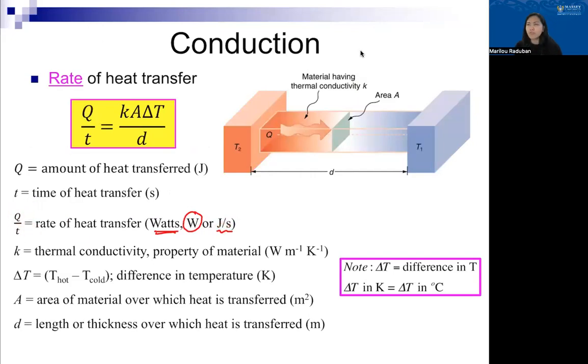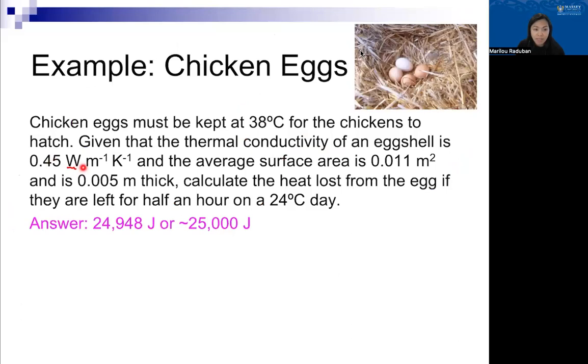So for example, a rate of heat transfer of 0.45 watts means that every second 0.45 joules of energy is being transferred over a 1 meter distance and a 1 Kelvin difference in temperature. So that's what the unit watts means. It's joules per second, the amount of heat transferred per second. So the thermal conductivity of the eggshell is 0.45 watts per meter per Kelvin.